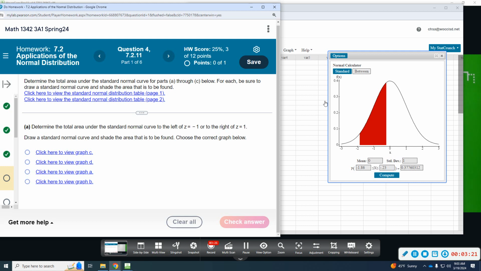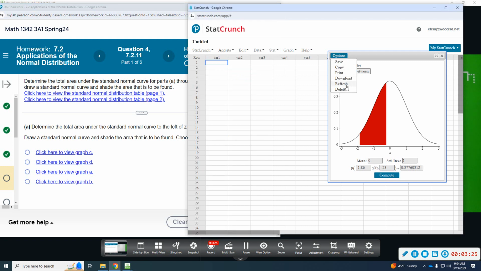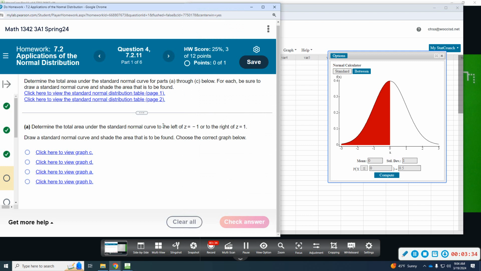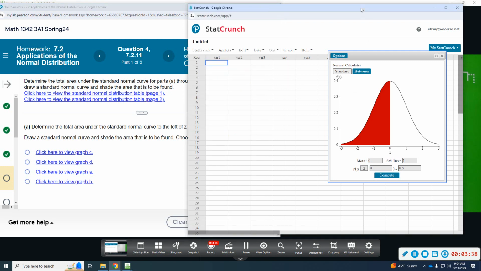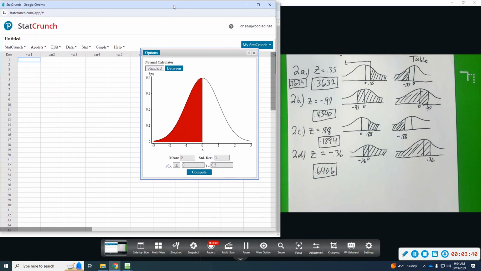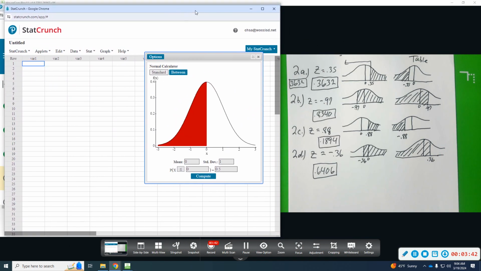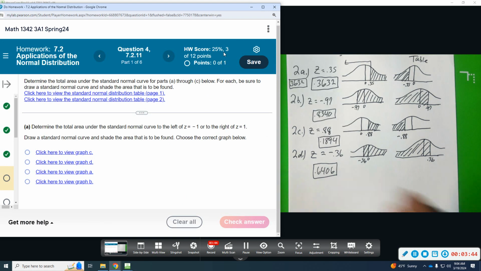In StatCrunch, it does not give me that option, I don't believe, to show left or right. So you're going to have to find these individually, and then we have to add them. So when it says left or right, I need to write this down and add these. So I will still use StatCrunch, but I'm going to have to write some stuff down.